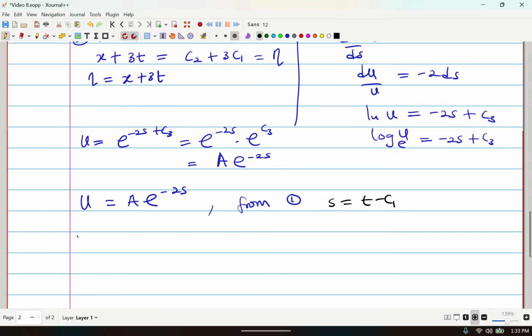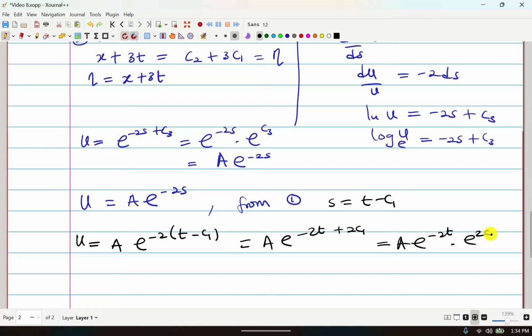So in this final solution for u, we have a e to the -2 times (t minus c1). This is a e to the -2t plus 2c1. Again, do the same thing here: a e to the -2t times e to the 2c1. And that is a e to the 2c1 times e to the -2t.